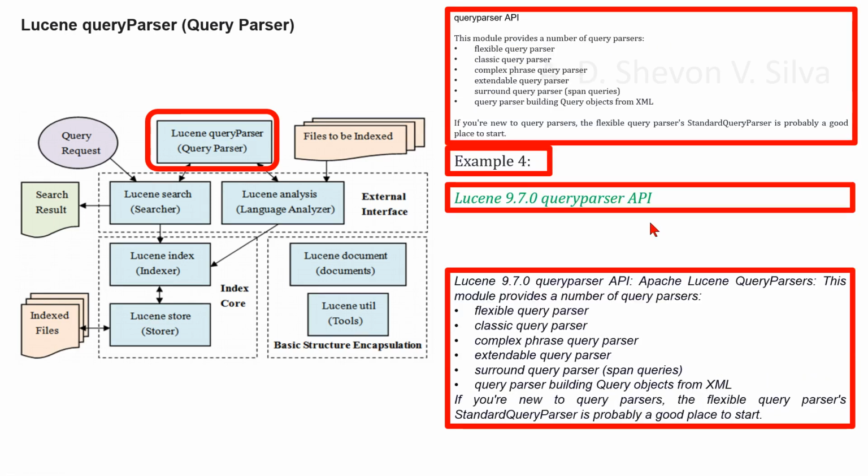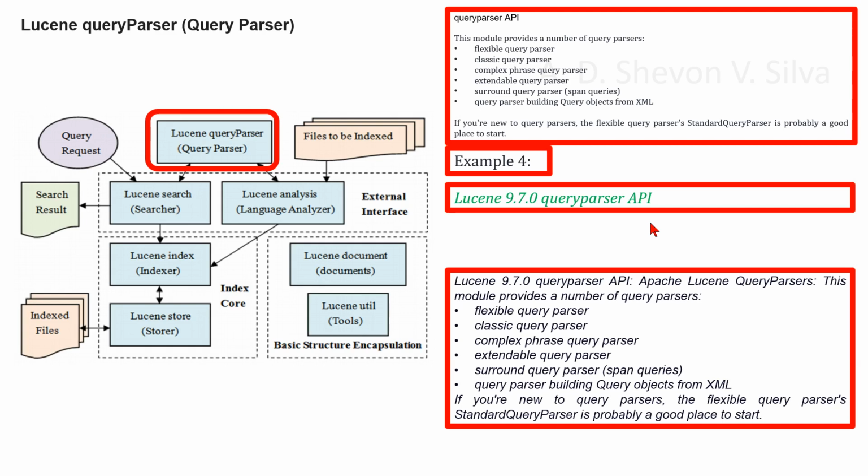Now we are considering the Lucene 9.7.0 query parser API, Apache Lucene. This module provides a number of query parsers: flexible query parser, classic query parser, complex phrase query parser, extensible query parser, surround query parser, span queries, and query parser building query objects from XML.